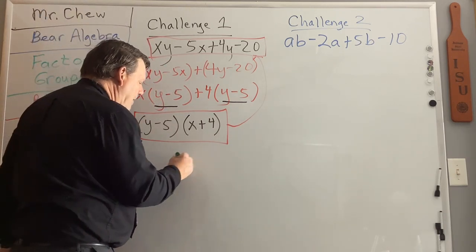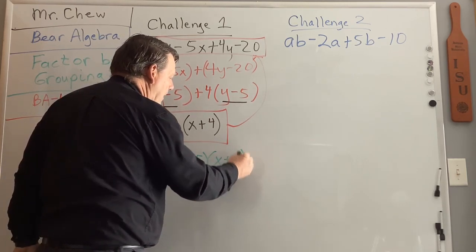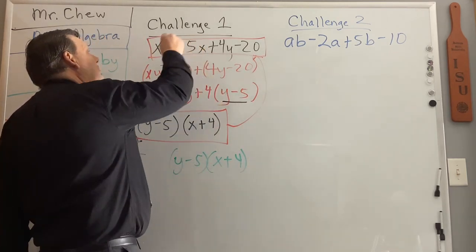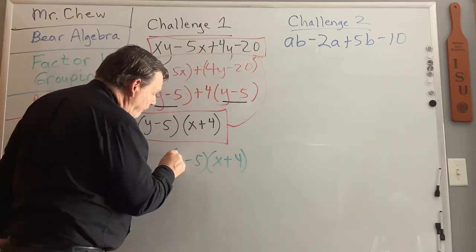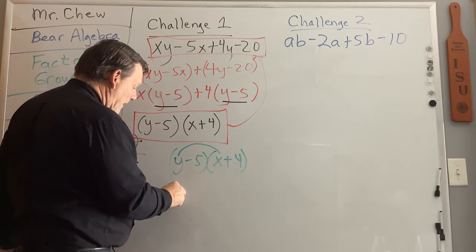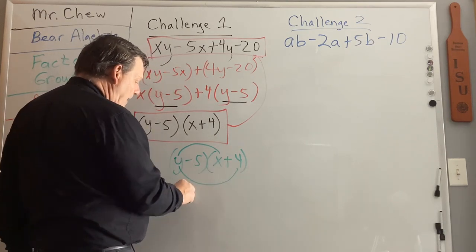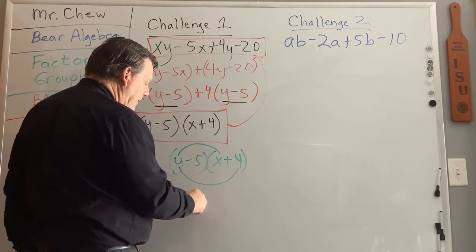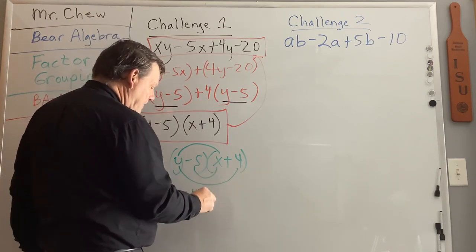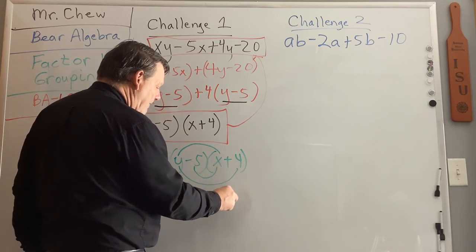So if I have y minus 5 times x plus 4, and I FOIL it out, I should get this original thing. First, y times x is xy. Outer, y times 4 is 4y. Inner, negative 5 times x is minus 5x.